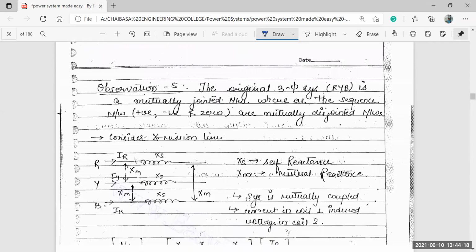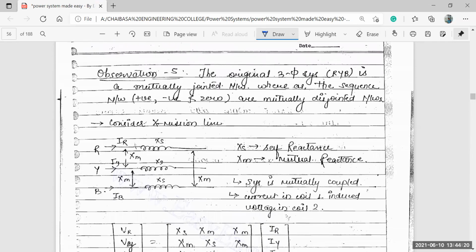Now observation 5. The original three-phase system, that is your RYB, is a mutually coupled network, whereas the sequence networks, that is positive, negative and zero, are mutually decoupled networks.